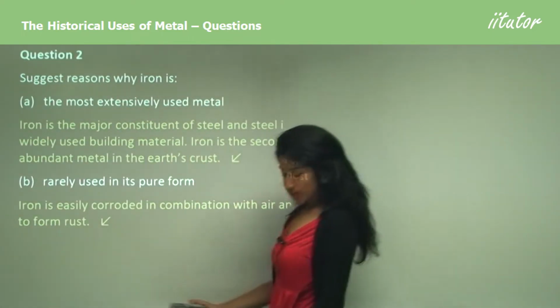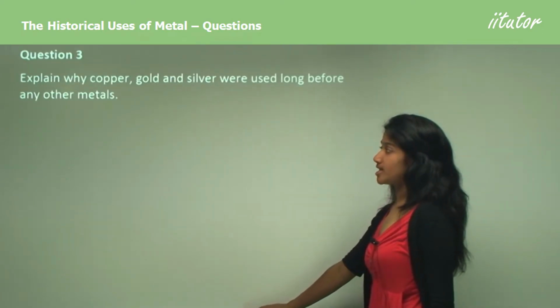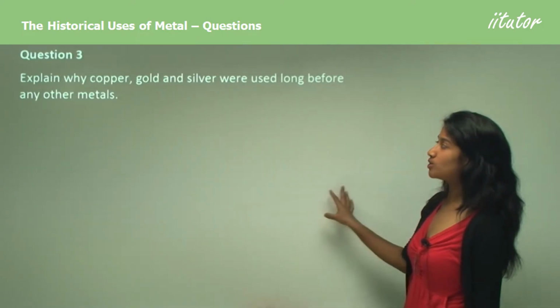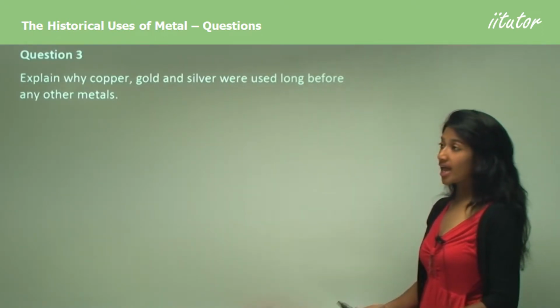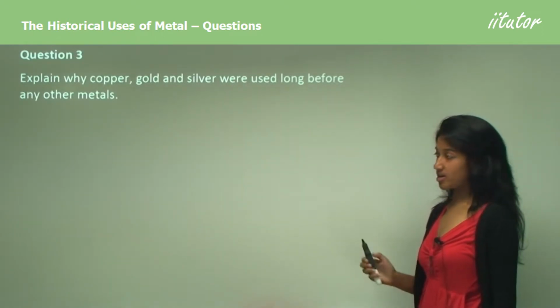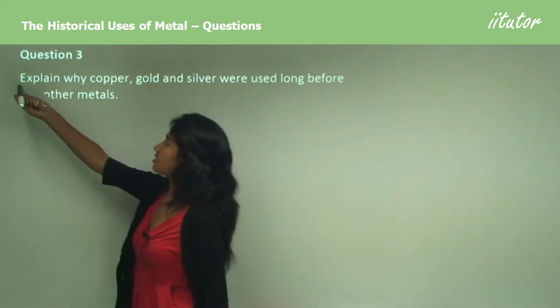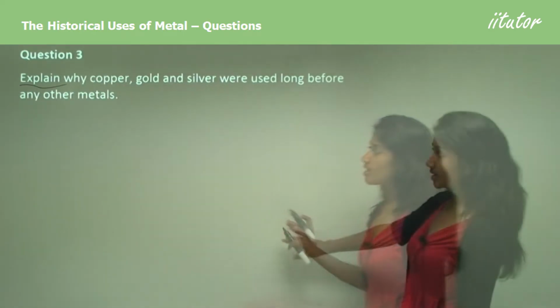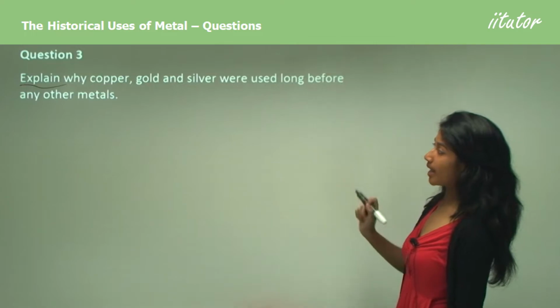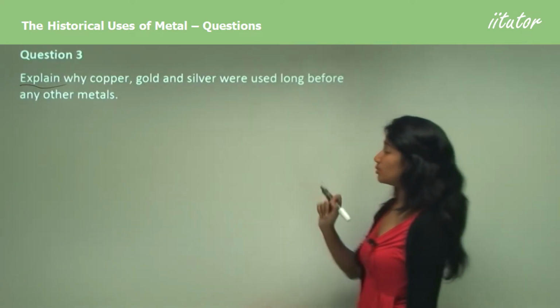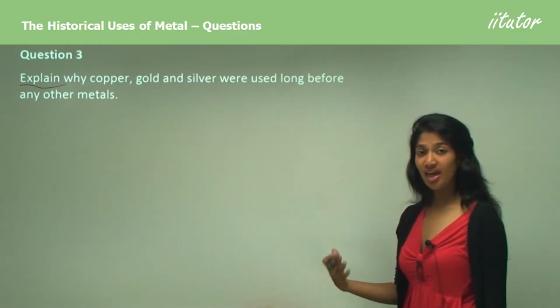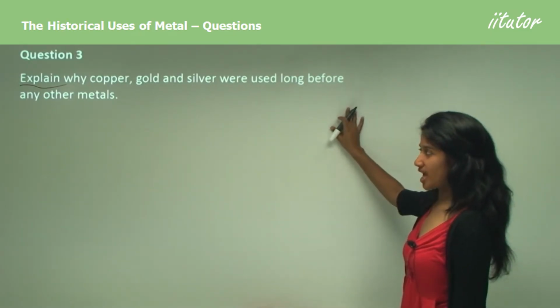Now we'll move on to question 3, which says, explain why copper, gold, and silver were used long before any other metal. Again, highlight the key word, that is explain. So the key verb here would be explain, and we will be focusing on copper, gold, and silver and why they were better than other metals in the early days.